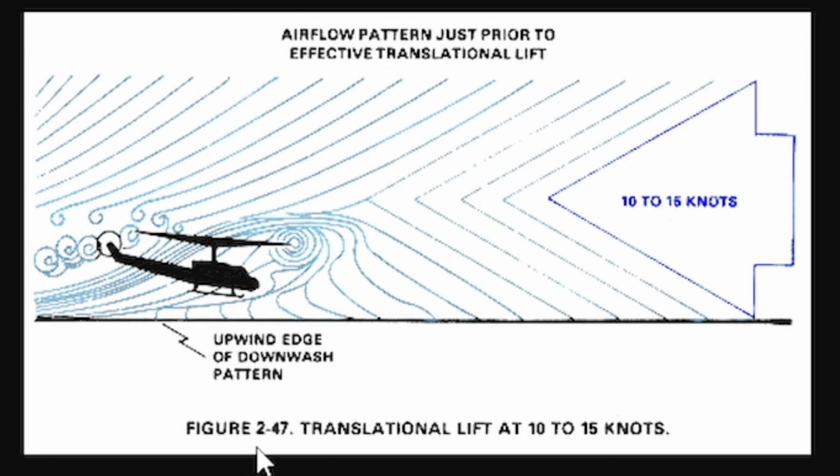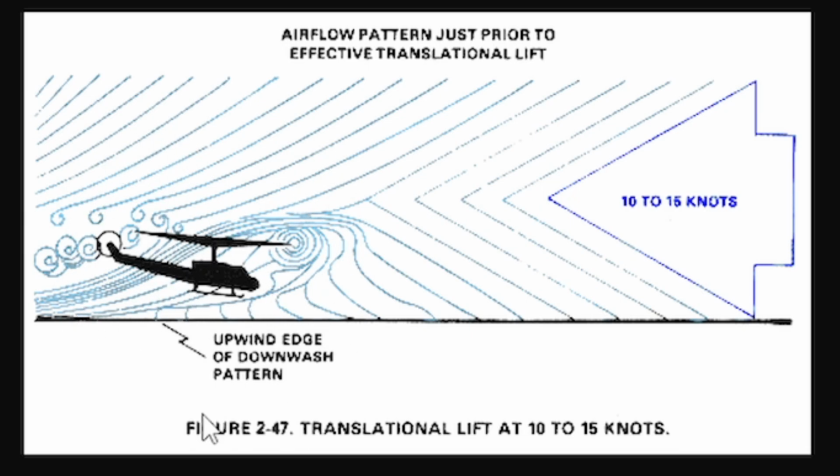Here's a picture. This is a good representation. You see these vortices here towards the back. The helicopter is outrunning them. They're not being pushed straight down. They're not coming back up into the rotor disc.